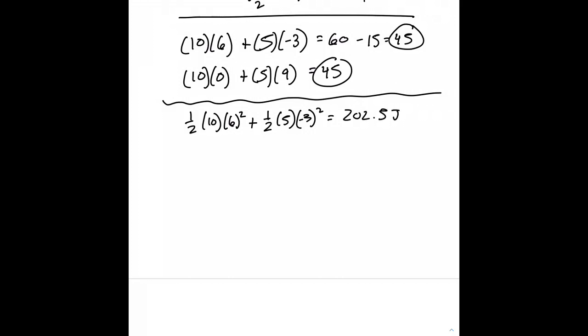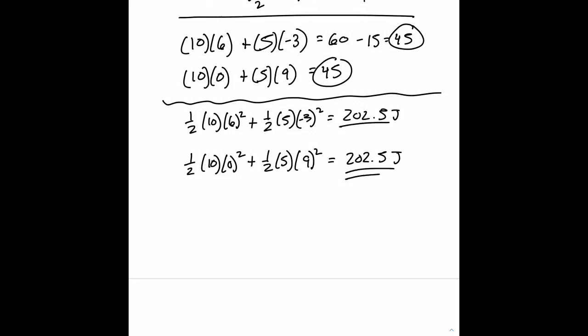So let's figure out the final kinetic energy. 1/2 times 10 times 0 squared plus 1/2 times 5 times 9 squared. Does that equal 202.5 as well? Grab your calculator, check it. I think you'll see it does.